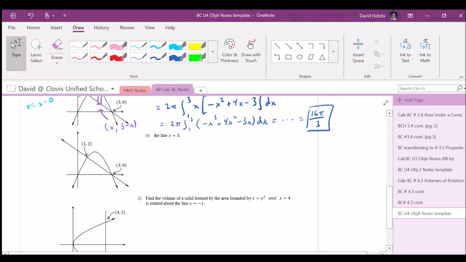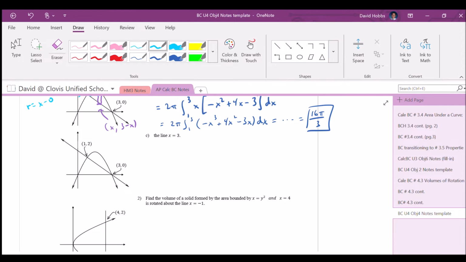Now, we don't always just rotate about the x-axis or y-axis, although those are probably the two most common lines that we rotate around. We can also rotate around other lines. So perhaps we rotate around the line x equals 3. Now, it's really extremely sad when I have a calculus student who messes up the line x equals 3 or y equals some line or something like that.